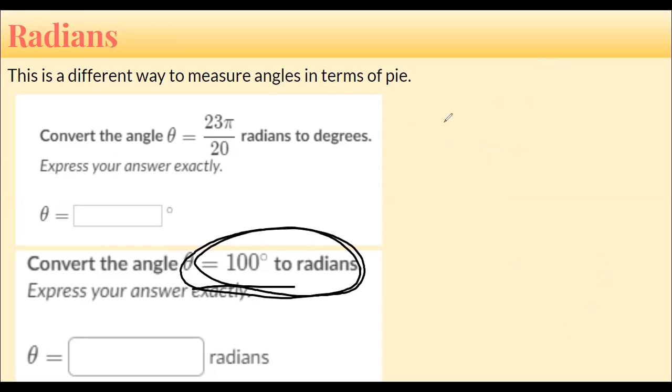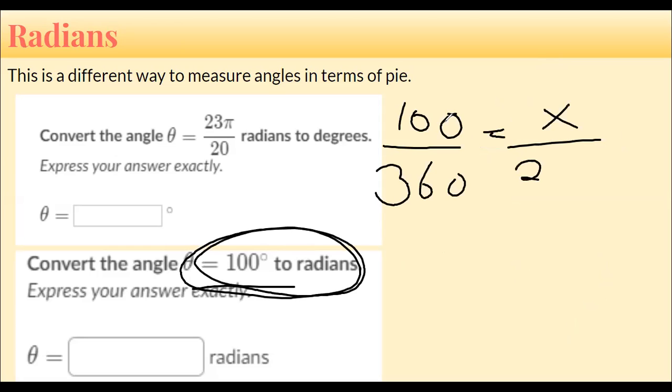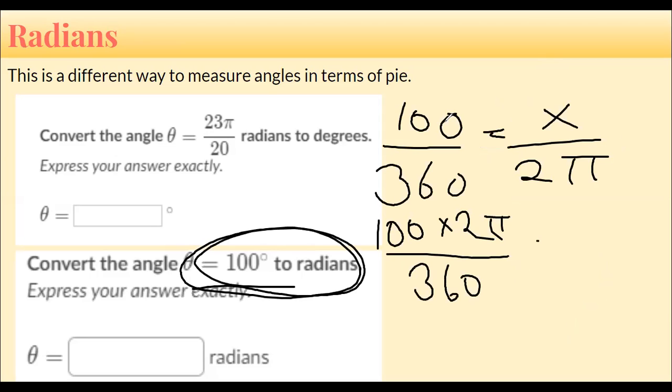Now that's really simple because we know that you just set up a proportion, right? 100 over 360 is equal to x radians over 2 pi. That's fairly simple. You know how to do that. That equals 100 times 2 pi over 360 is equal to x.